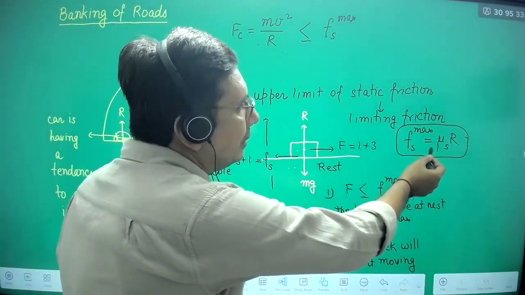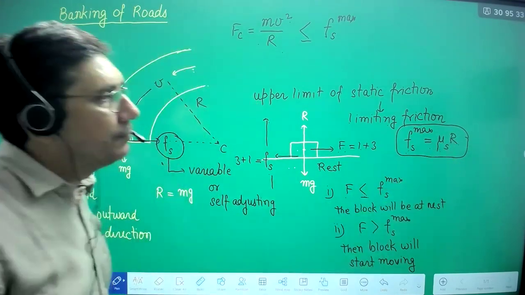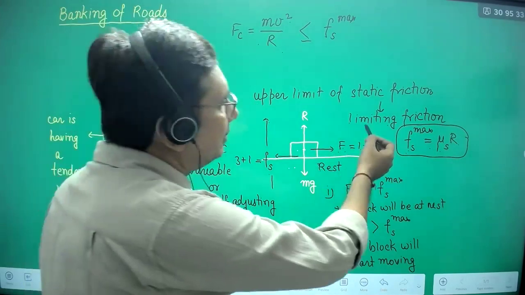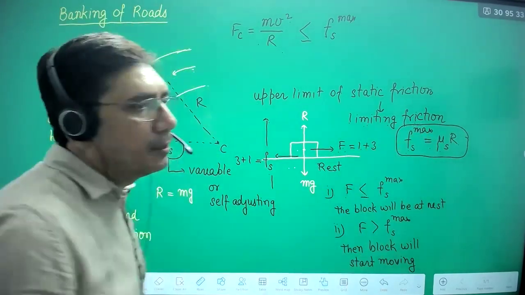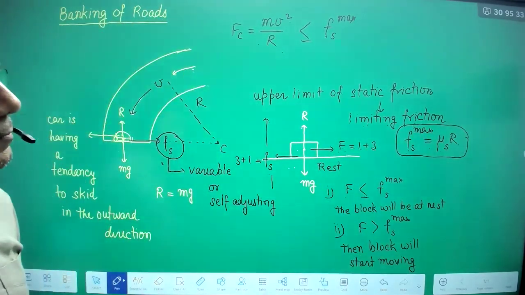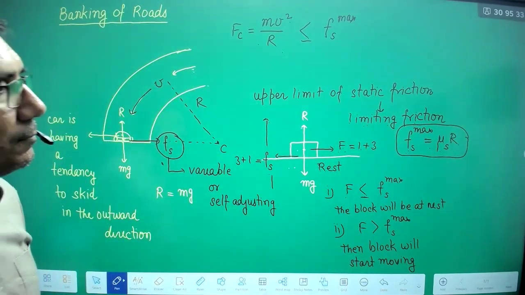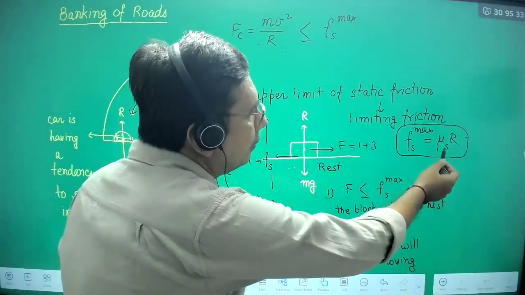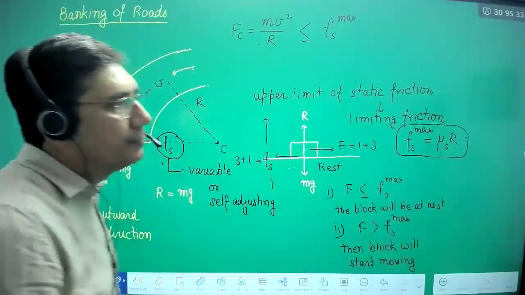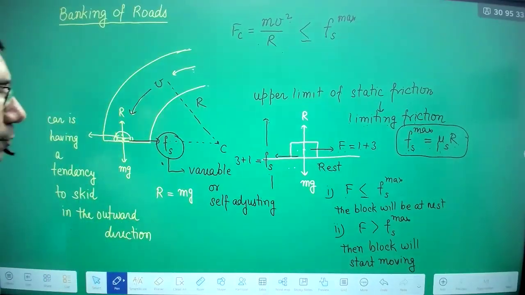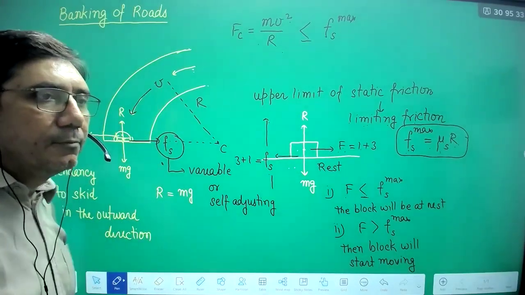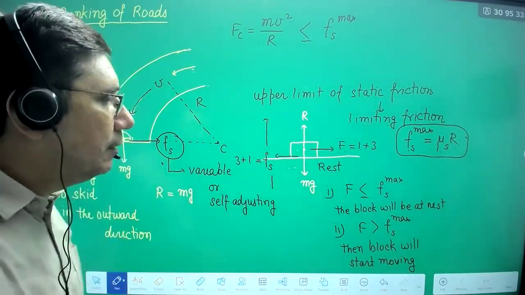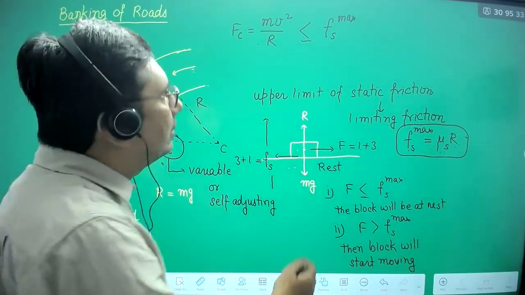In the next line, you can write Fs max equal to mu s into R. Mu s into R.